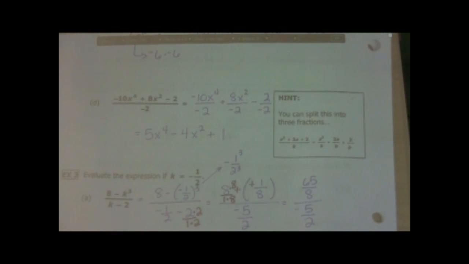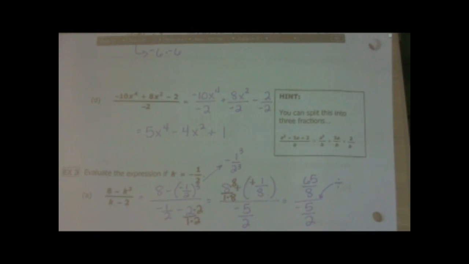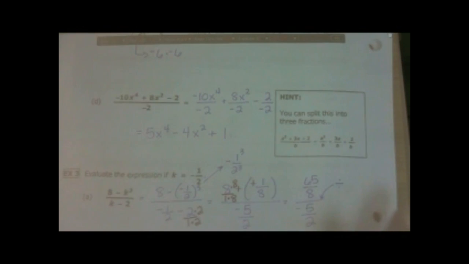Remember something, when we talked about the 3 ways that you could write division, this is the fraction way. Remember, I showed you this fraction bar means divide. Write it with that division symbol, it's easier. So here's what we're going to do.